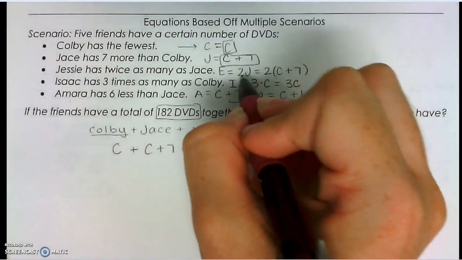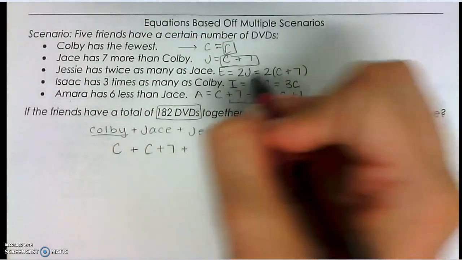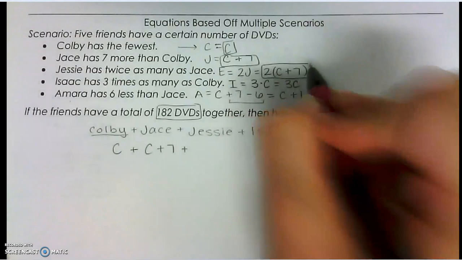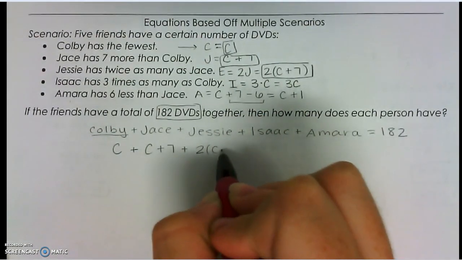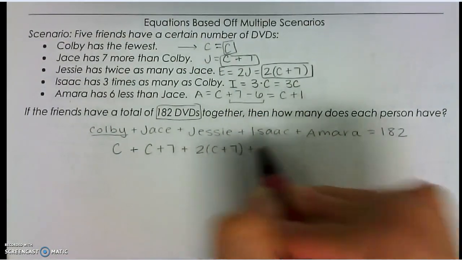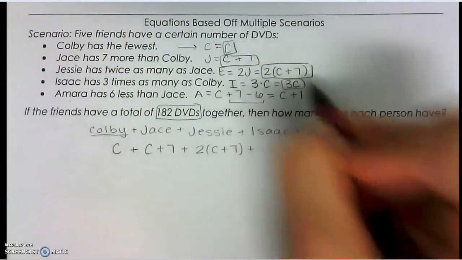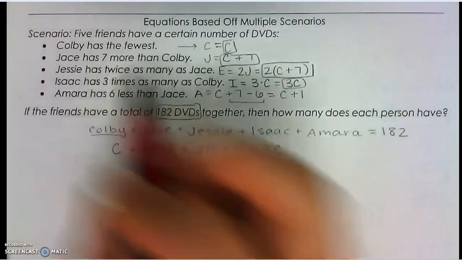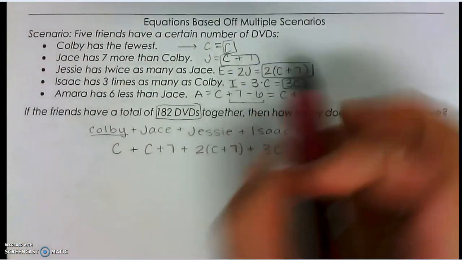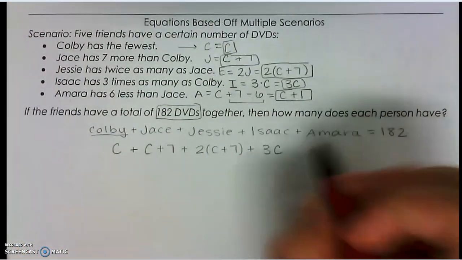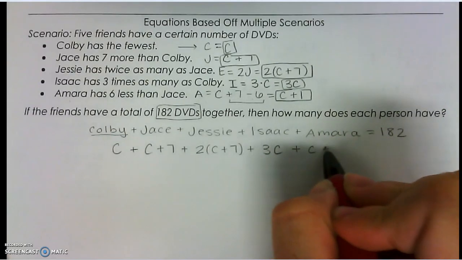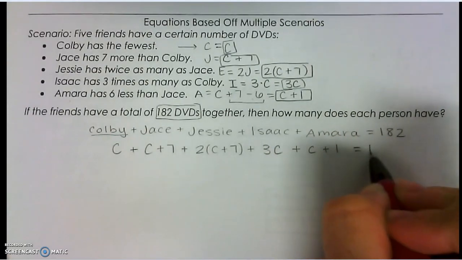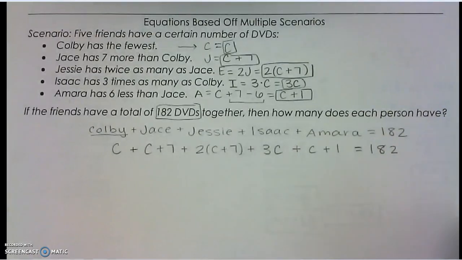Jesse, remember, was 2 times Jace, which we replaced with 2 times C plus 7. Isaac, which is triple Colby. And Amara, which was 6 less than Jace, that we simplified to C plus 1. And it's still equal to 182.